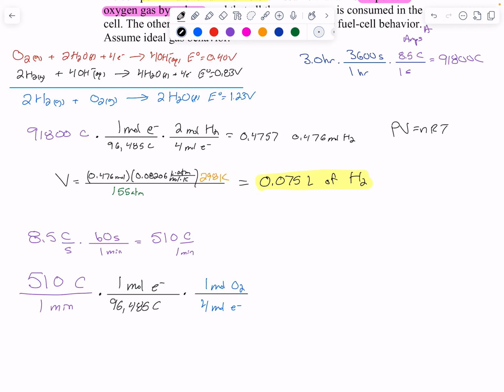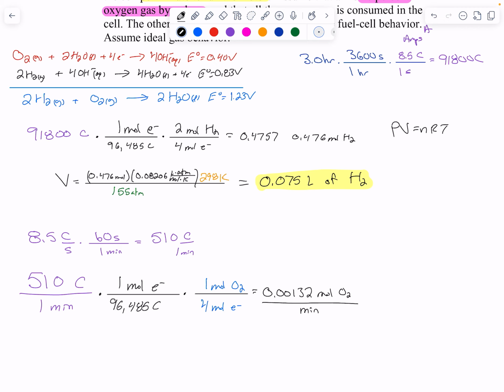So 510 divided by 96,485 divided by 4 gives 0.00132 moles of O2 per minute.